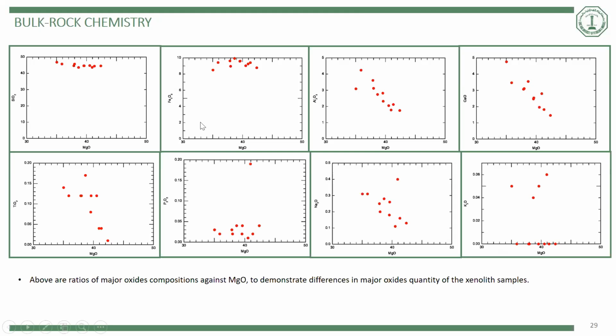I haven't interpreted too much regarding the rock chemistry itself. What's really striking to me is the aluminum oxide and the calcium oxide. And yes, titanium oxide, they have sort of a relationship. So yes, right.